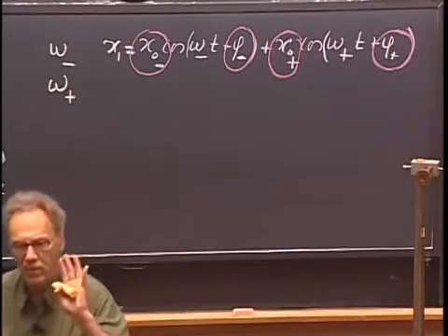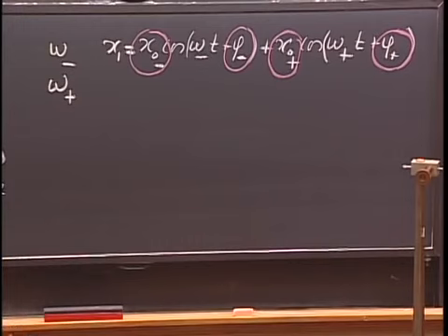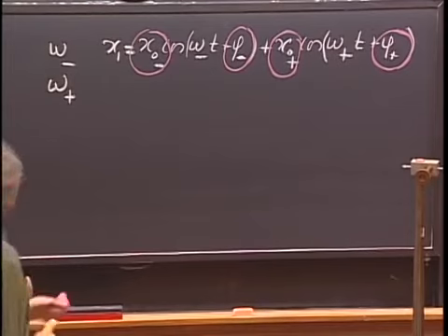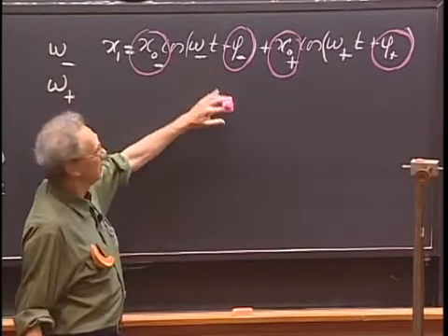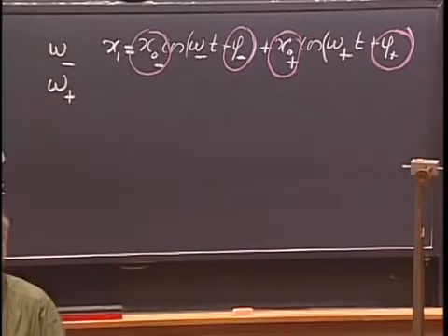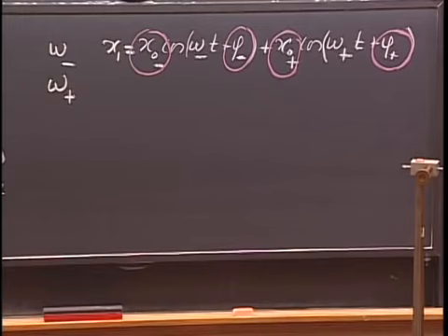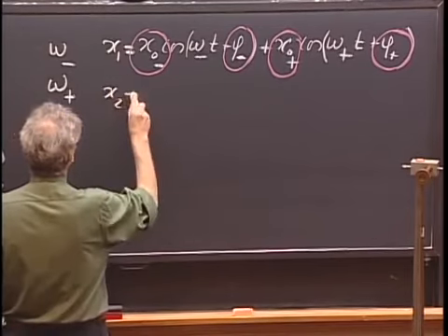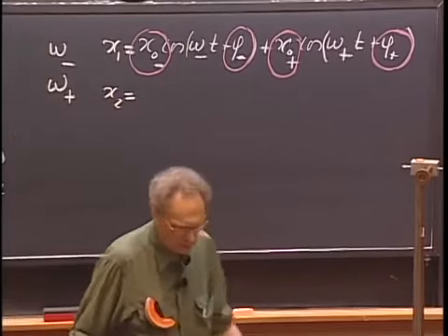There have to be 4 adjustable constants, because I have the choice between the positions at t equals 0 and the velocities. So there must be 4. What you see is that omega minus and omega plus, which are these normal mode frequencies, are independent of the initial condition. So now I'm going to write down the position in time for object number 2.